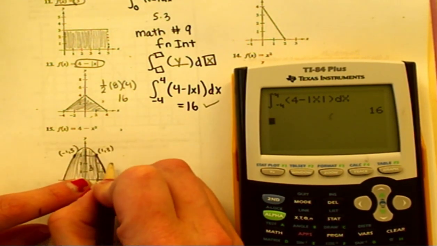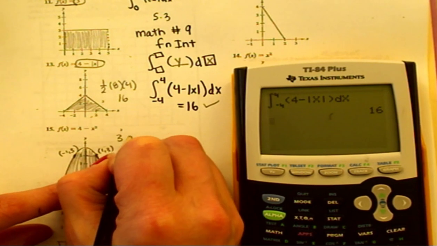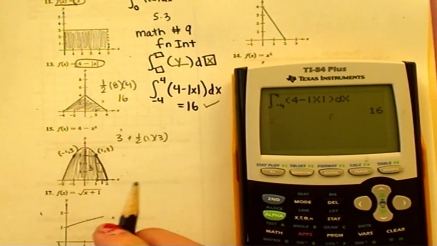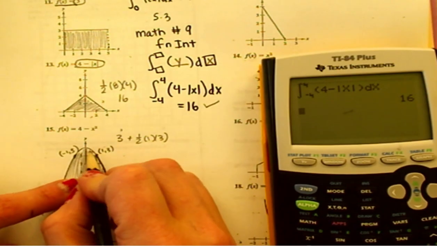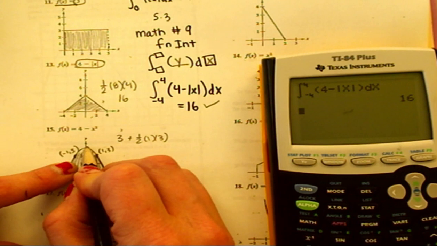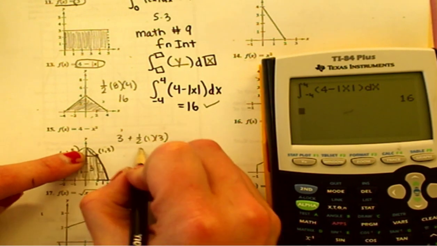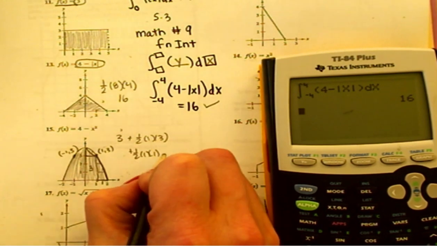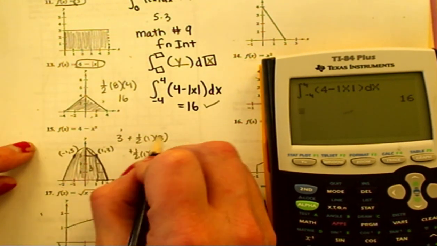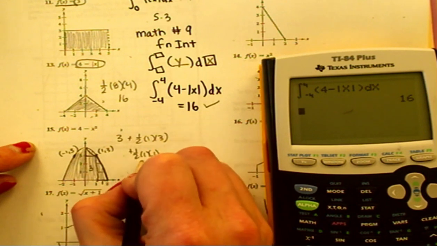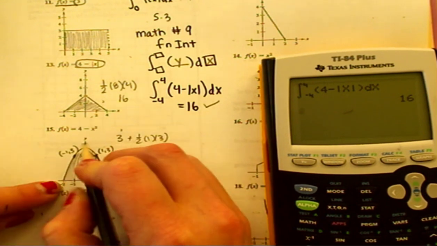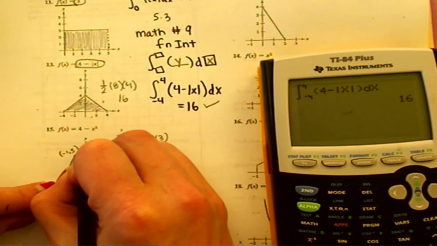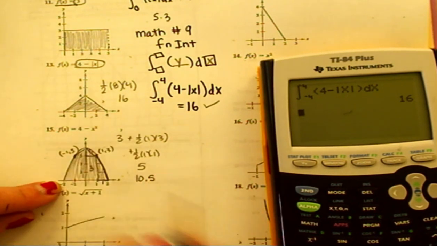That's 1 and 3, so 1/2 base times height. Triangle. But it looks a little bigger. And doubled, so 10. Plus this little extra, so we'll call it 10.5.